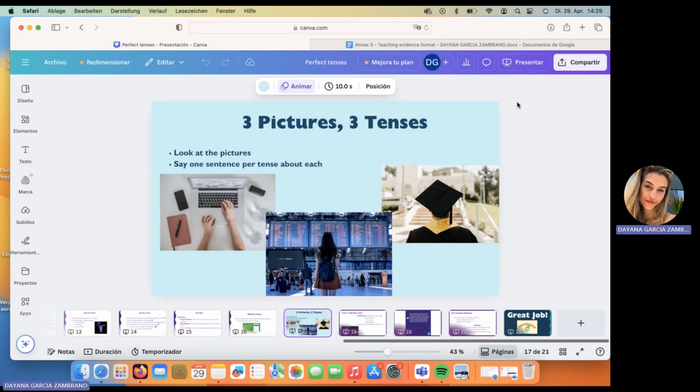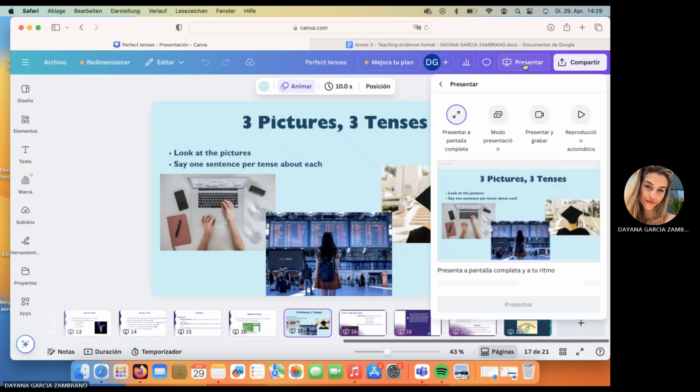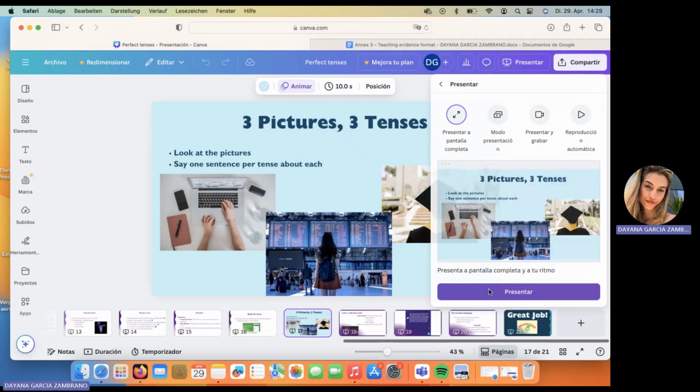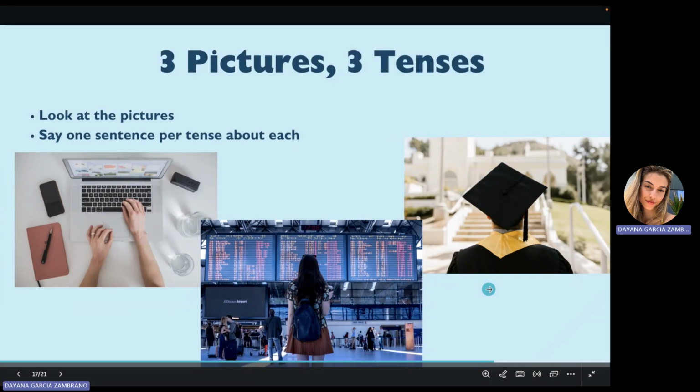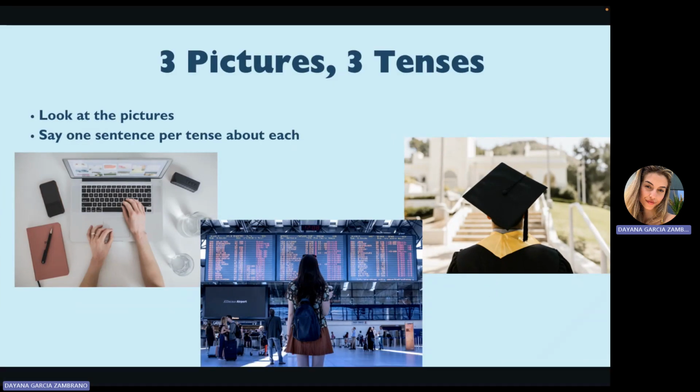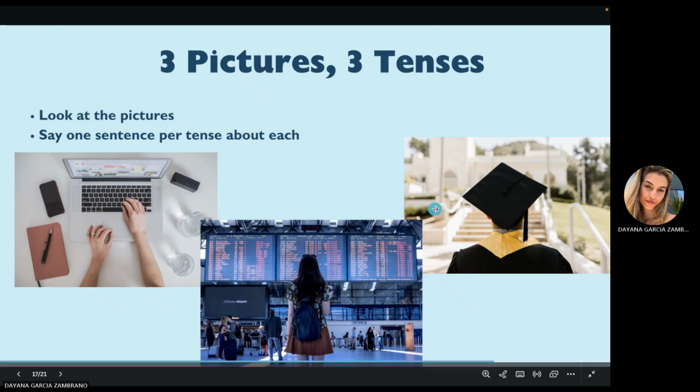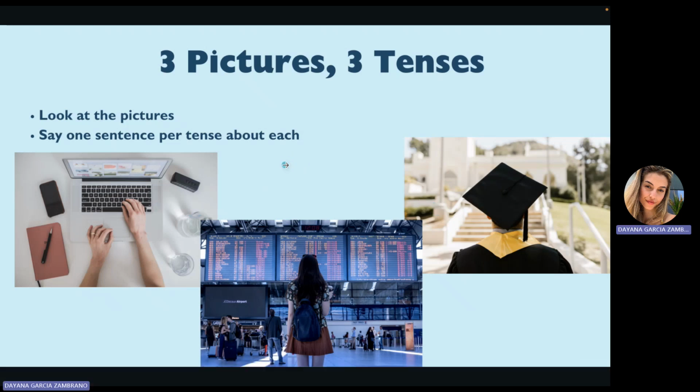In this case, the student has 3 pictures. The activity is called 3 Pictures, 3 Sentences. Each of them needs to look at the pictures first and think about a sentence per tense.